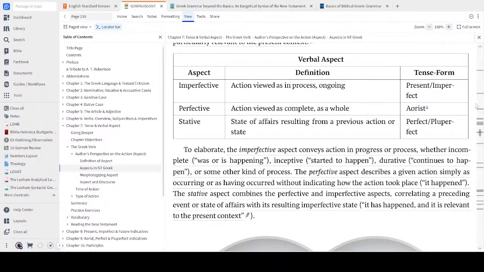Now, the perfect tense is a past event that has ongoing results. So although it has been completed, those actions are still continuing on for today.